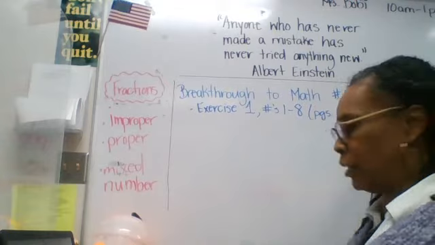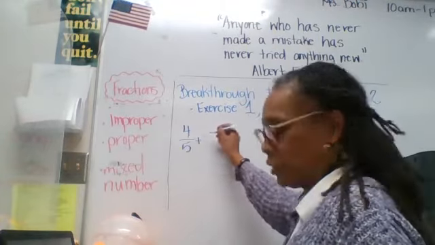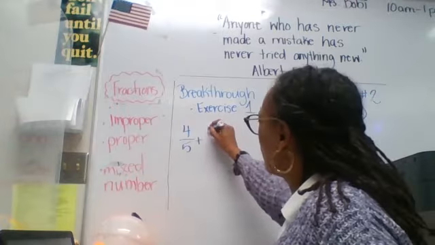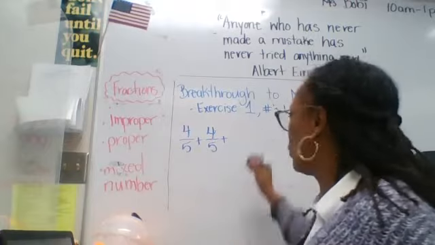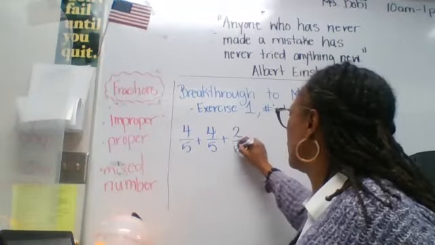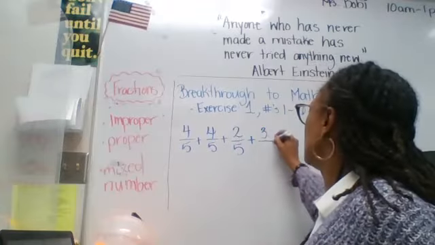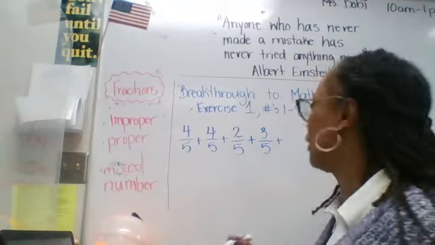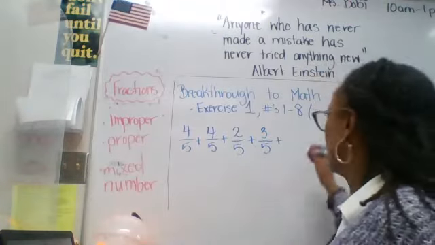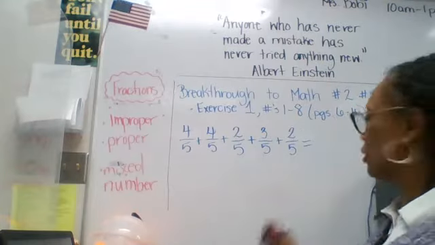Next one says, oh, it's a little longer. 4 over 5 plus 4 over 5. See, they don't give you much practice with the ones they just taught. They just go on to the next, which sometimes you need a little extra practice, and that's where you can log on to Khan Academy or YouTube and just get that practice.